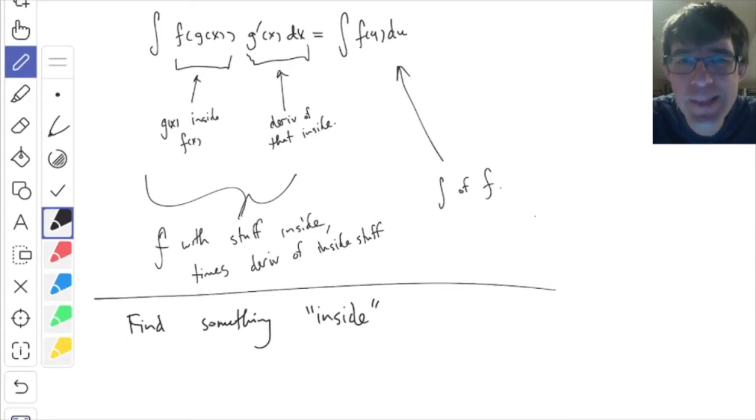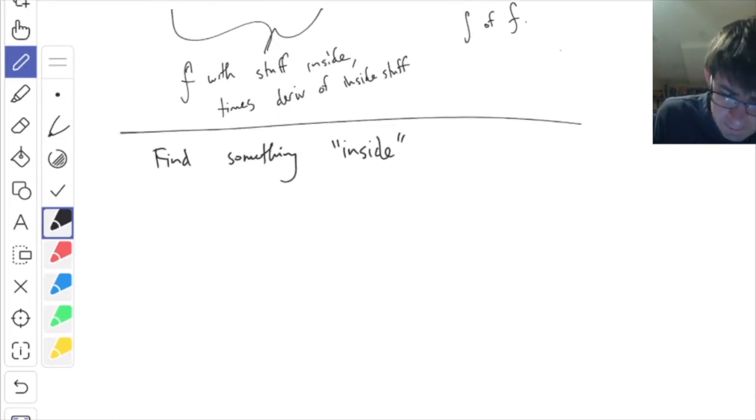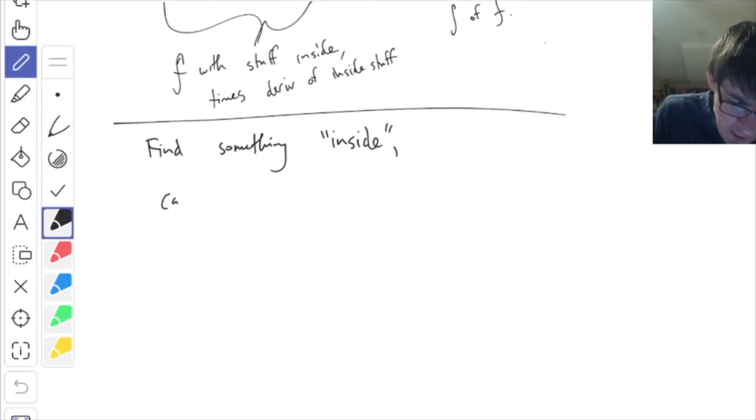But inside could mean something inside of parentheses, inside of a square root sign, or inside of an exponent, or something plugged inside of a trig function. You have to be a little creative sometimes in looking at your formula and trying to judge something which is inside of something else. And then you call the inside thing u.